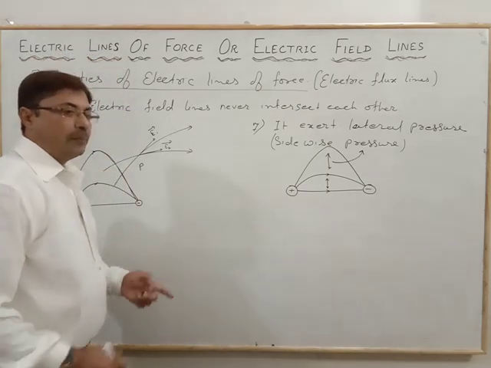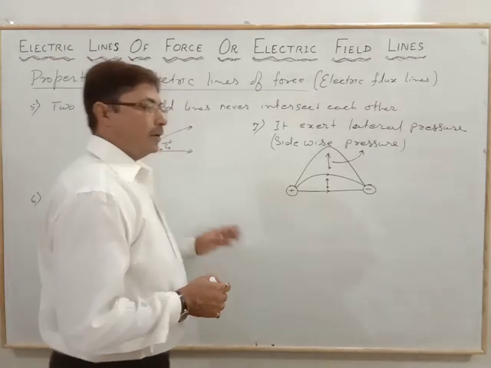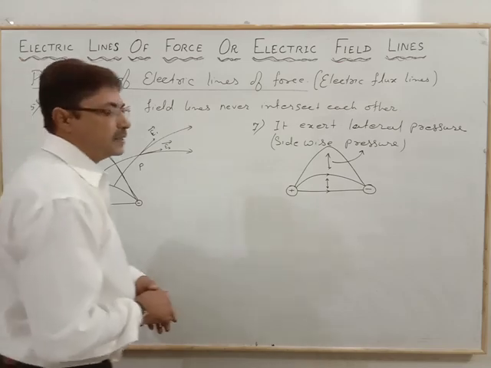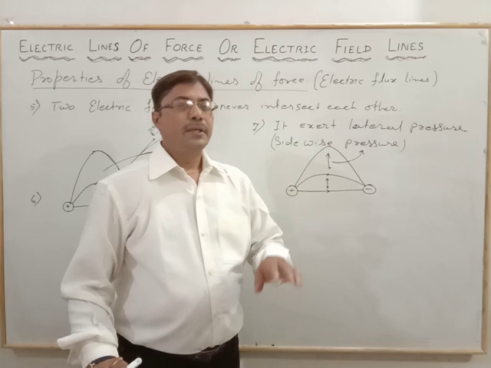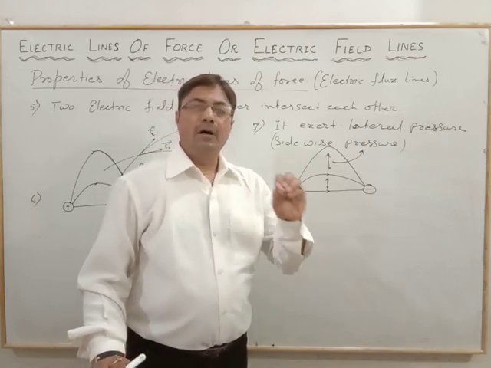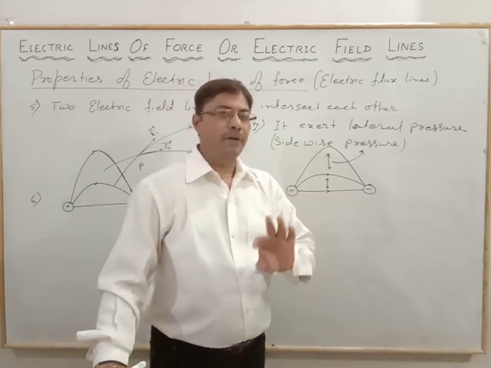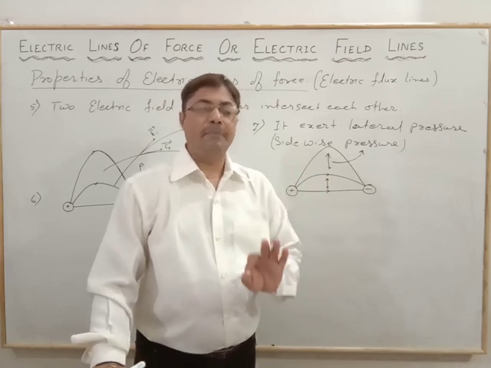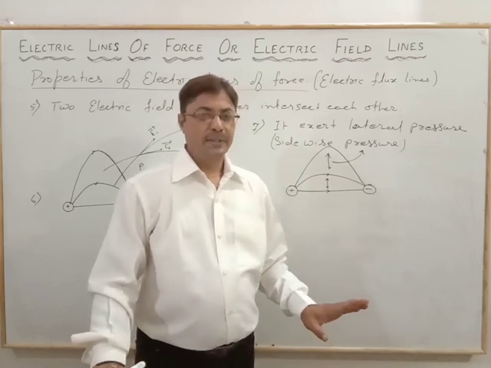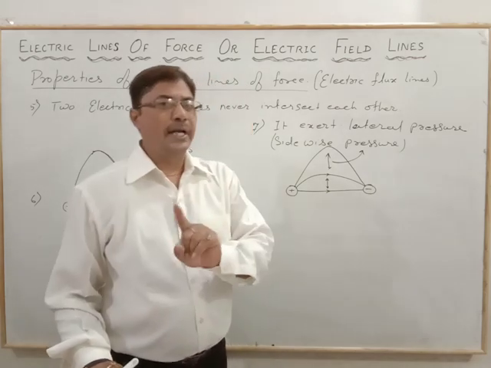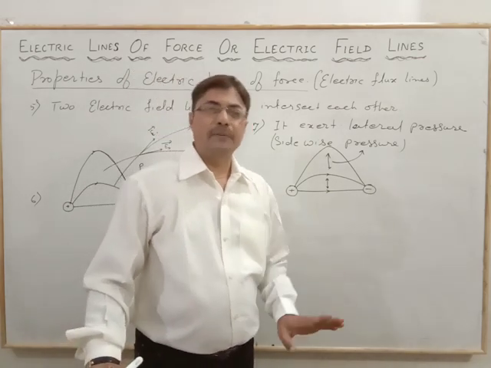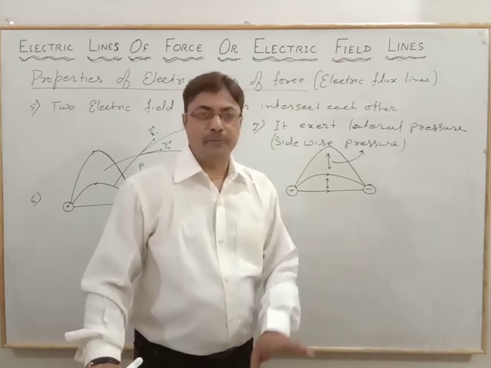So these are the properties. We have 7 properties: electric field lines generate from the positive, terminate at the negative, perpendicularly to the surface. That is the two properties together. No two field lines meet at a point or intersect at a point.